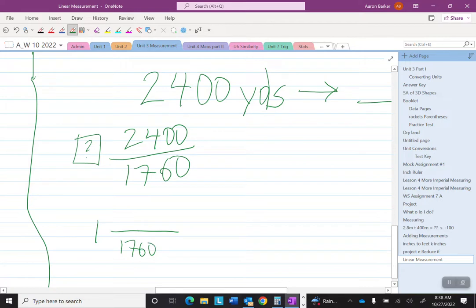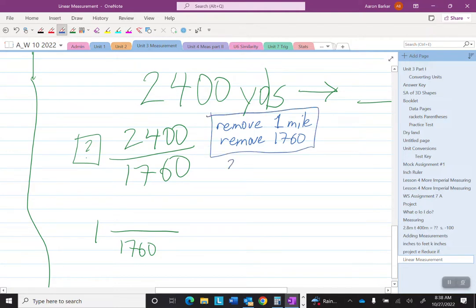Now we've got to figure out our remainder. Okay, so if we remove 1 mile from the top, how many yards is that? What's the conversion factor? 1760. So when we're removing 1 mile, we're removing 1760. So we would take 2,400 minus 1760, and that's going to equal how many remain?